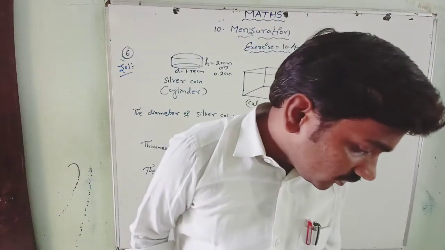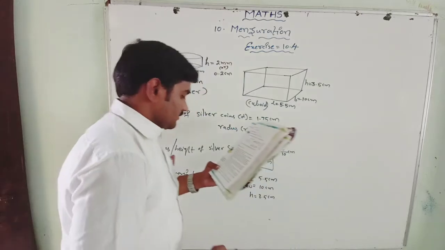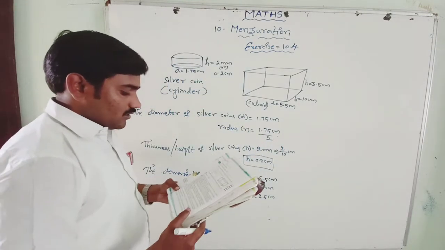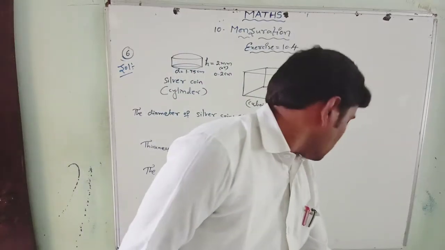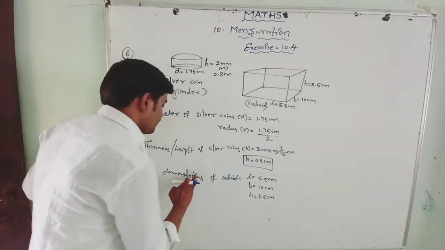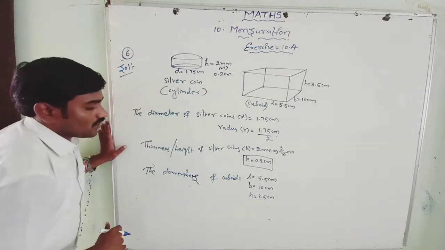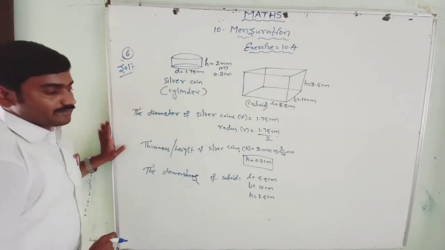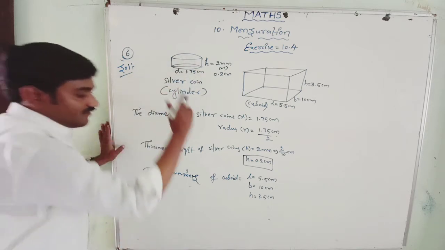So what do we need to do here? We need to find out how many silver coins are required. So we go for that.